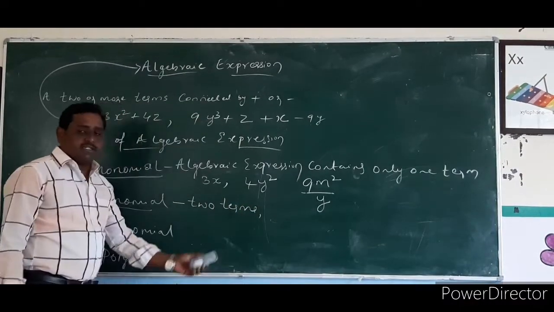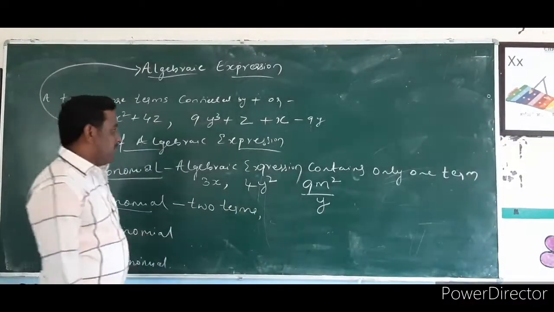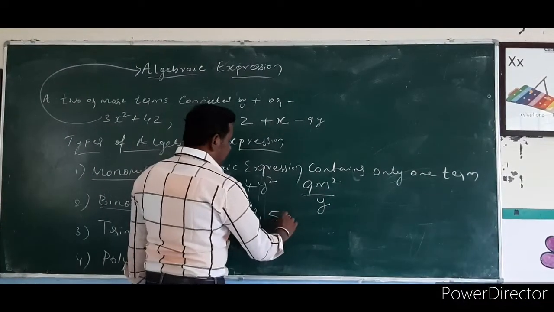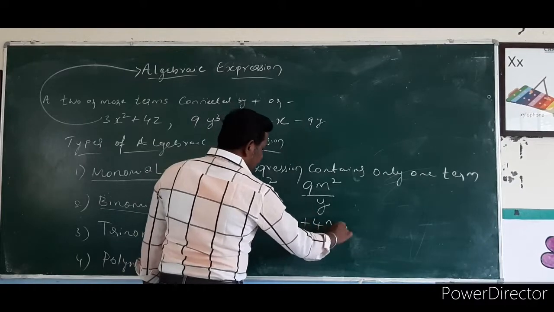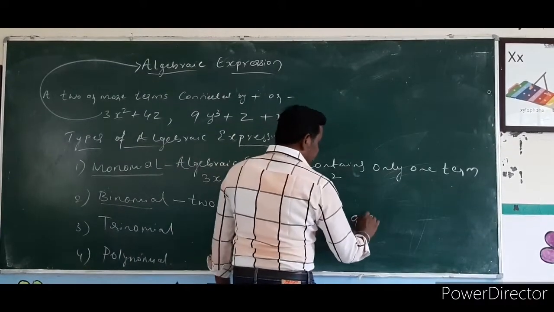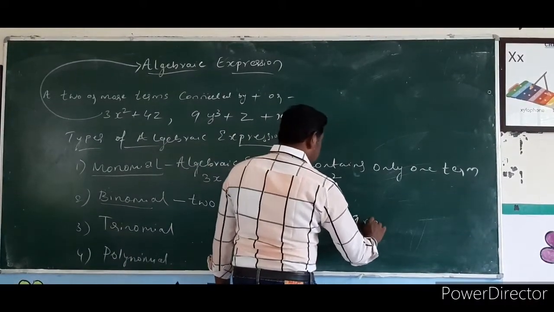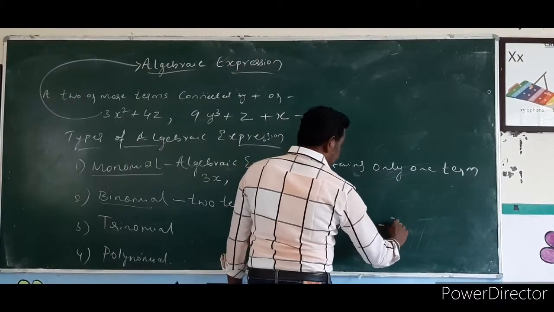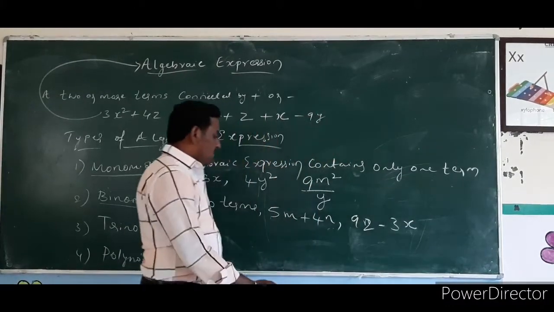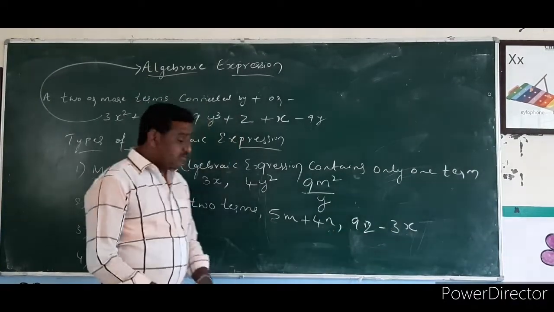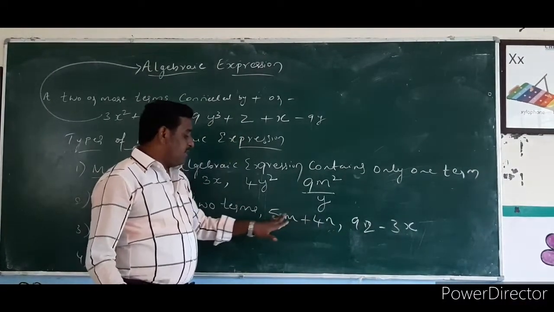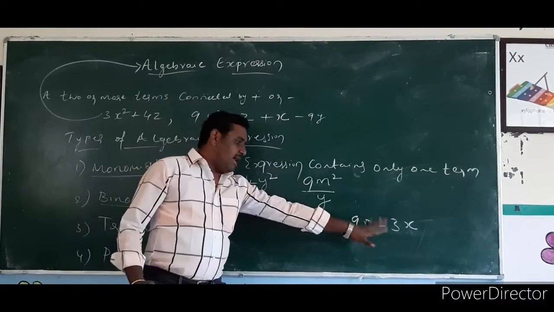Similarly, binomial means the algebraic expression contains two terms. Two terms means it is connected by either plus or minus. Suppose I am taking 5m plus 4n, or 9z minus 3x. Look here: 5m plus 4n, 9z minus 3x. It is connected by plus, or by minus.